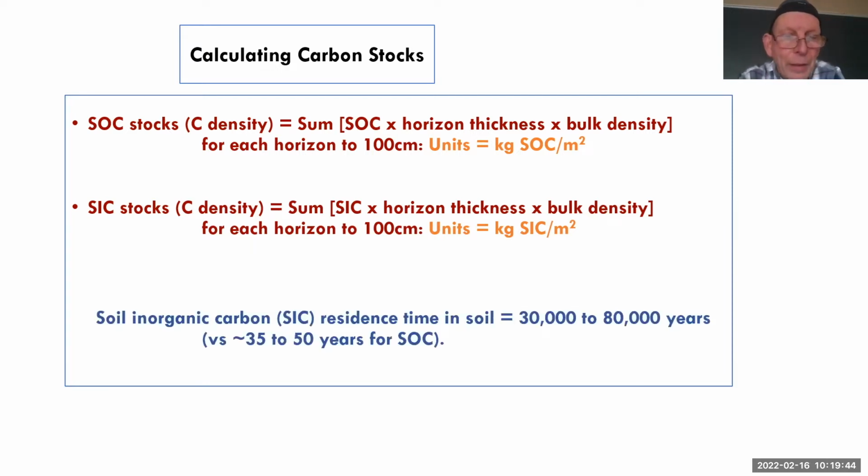One thing about the inorganic carbon stocks, one of the reasons we should consider them is that they have a much longer residence time in soil versus soil organic carbon. Okay, so organic carbon, you're talking maybe 35, 50 years, it turns over. So inorganic carbon, you're talking tens of thousands of years, 30 to 80,000 years, okay?